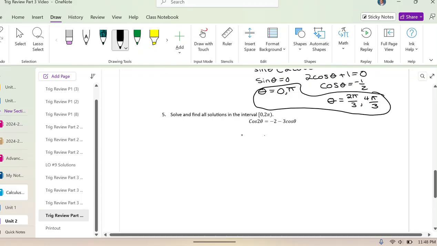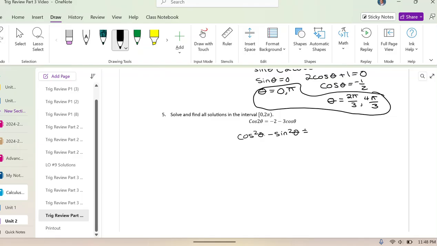Cosine 2 theta is cosine squared minus sine squared. That's the identity. And then notice, since they're all cosine, we'll change this one. So it's cosine squared minus 1 minus cosine squared.